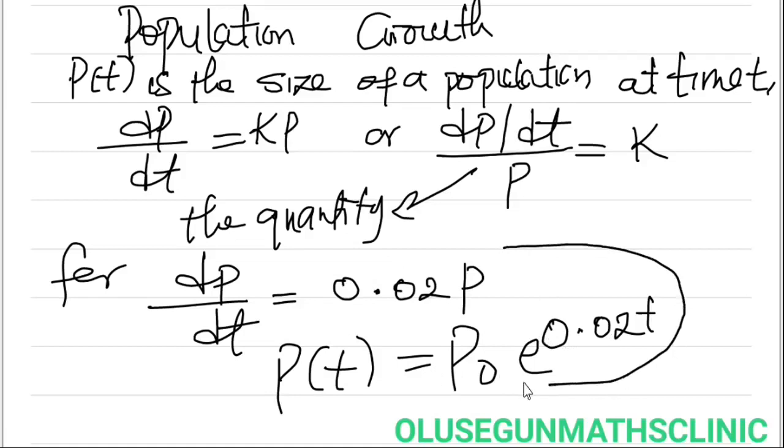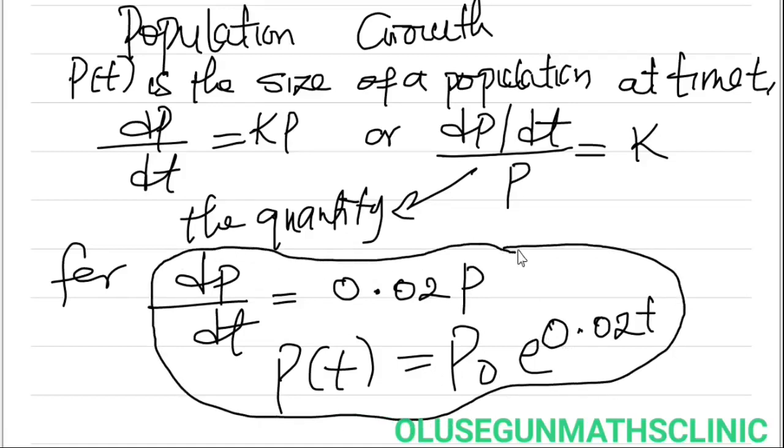You have to understand these logical terms. Anytime you are given dP/dt as 0.02 or any constant value multiplying P, the P of t will be P naught times e to the 0.02t.